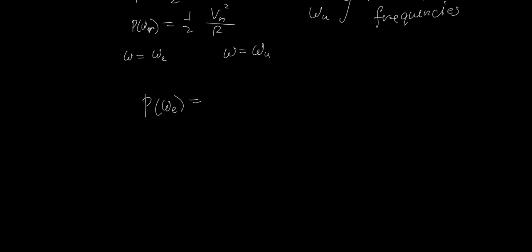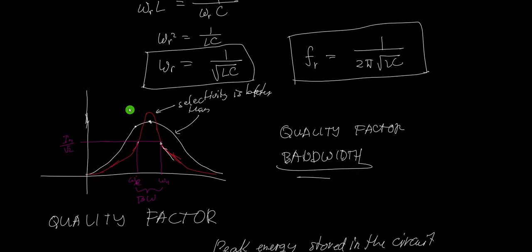So this will become 1/2, Vm over square root of 2, squared, then 2 times R. For omega R, this is just maximum. But at omega L, the value will be divided by square root of 2.